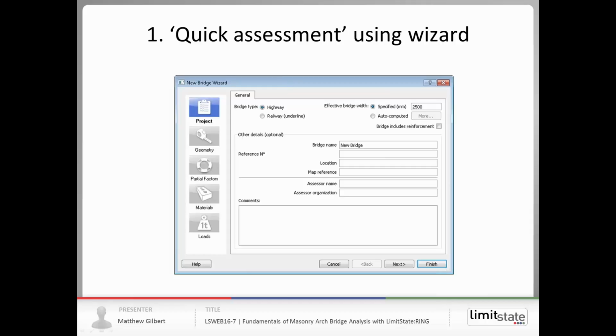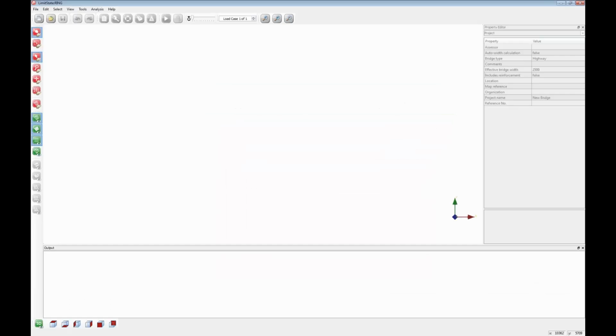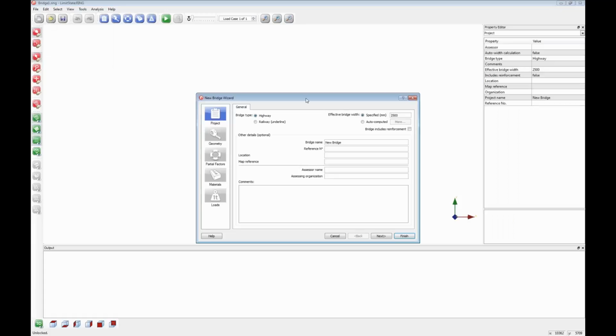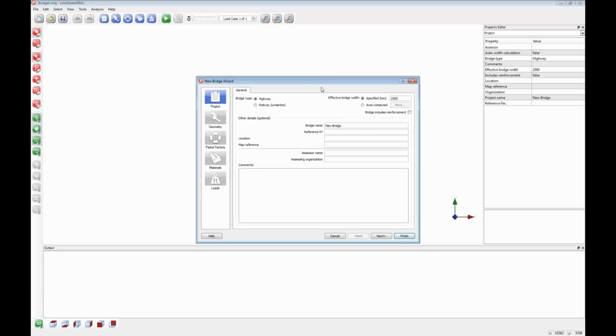And so the quick assessment approach uses a wizard, and rather than show slides, I will actually just start the software and show you exactly what I mean. So when we start the software, what we can do is use this new bridge wizard, which allows us to basically step through the process of setting up a model in a very simple and easy way.